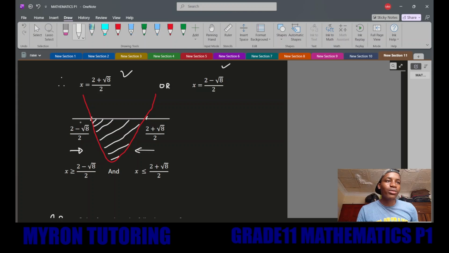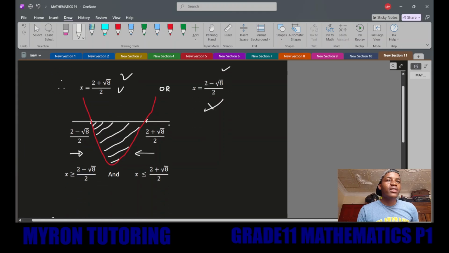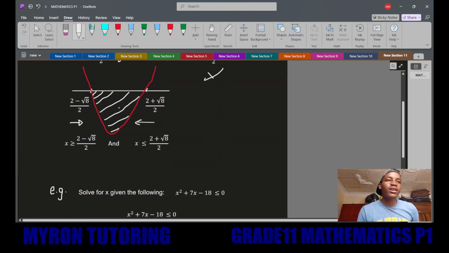I know that this one is greater than this one, so that's why I have it on the left hand side and this one on the right hand side. The question was, where is it less than 0?